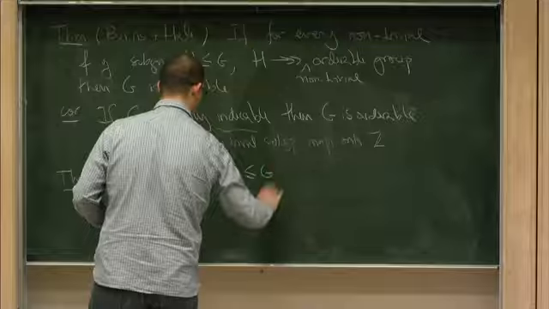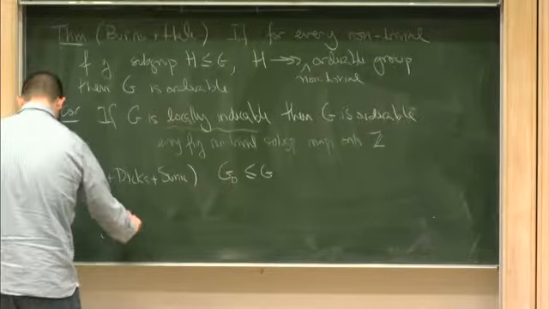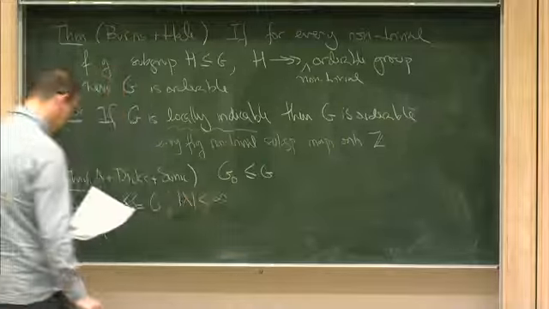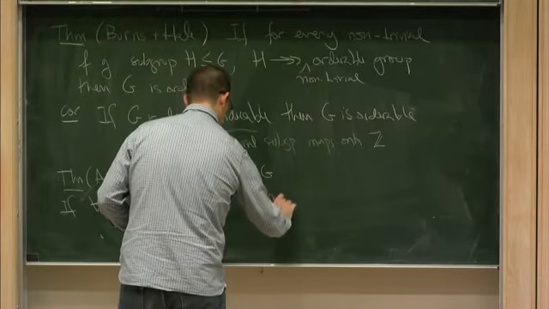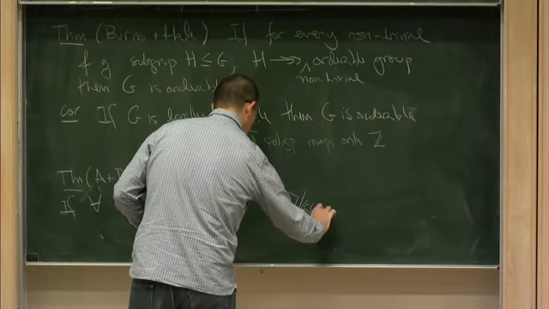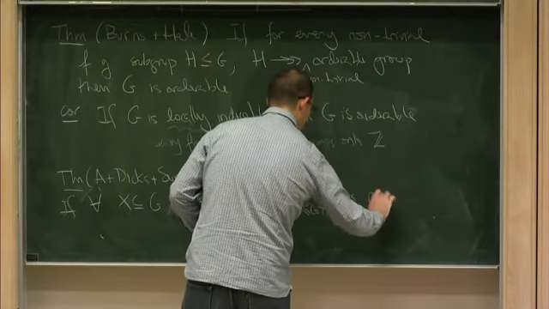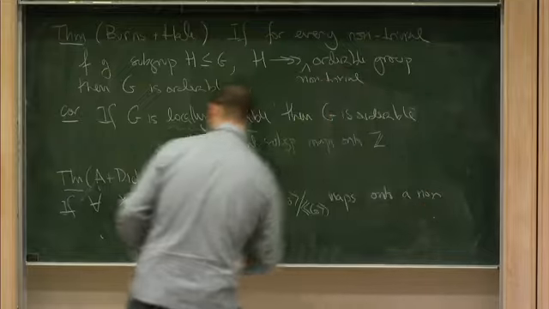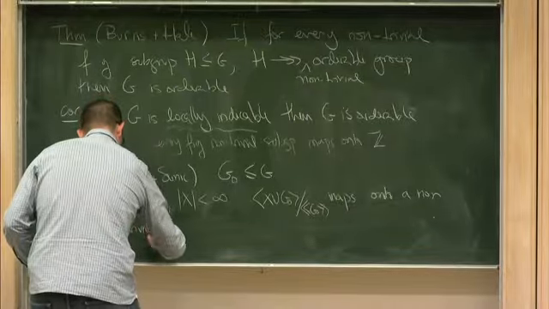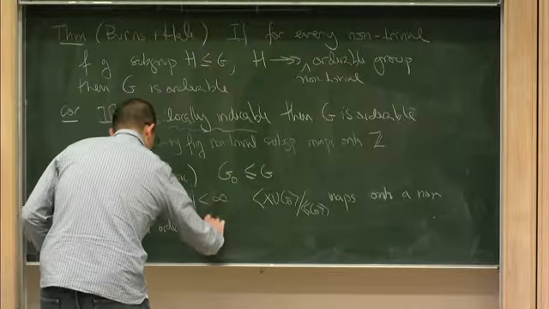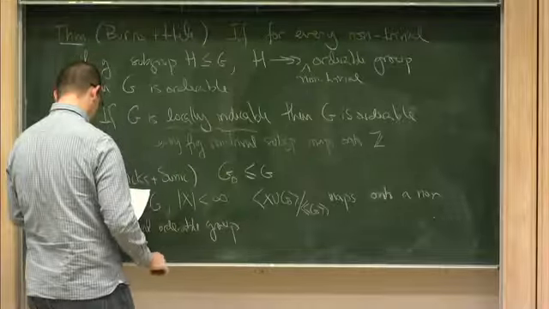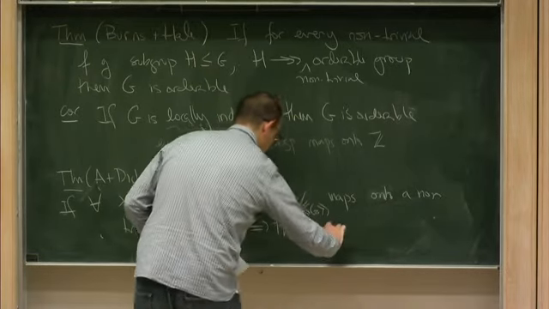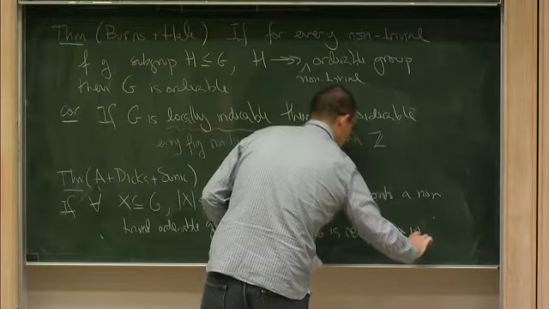So fix some subgroup G0, and if for all finite subsets of G, you have that these maps onto a non-trivial orderable group, then G0 is relatively convex in G.